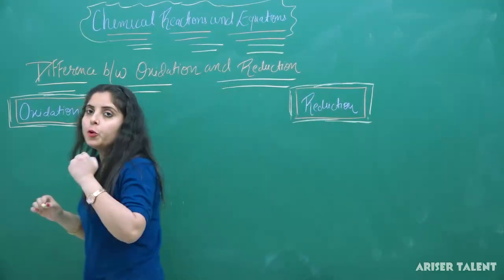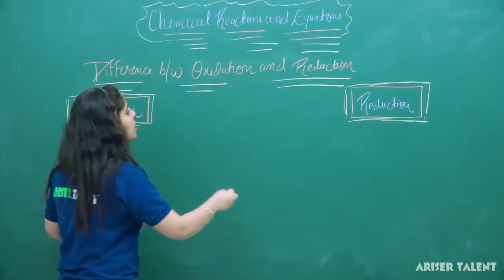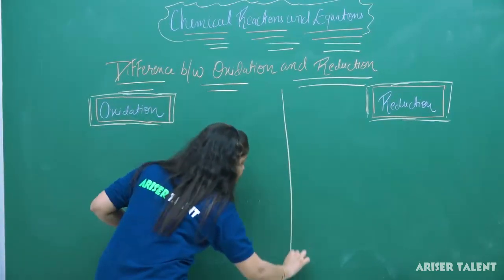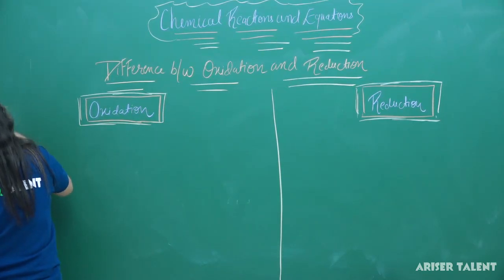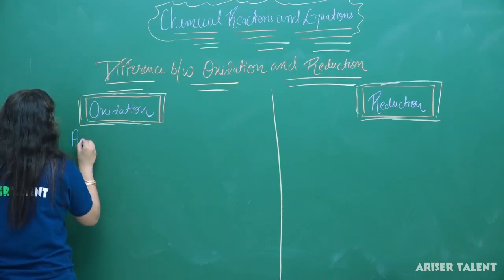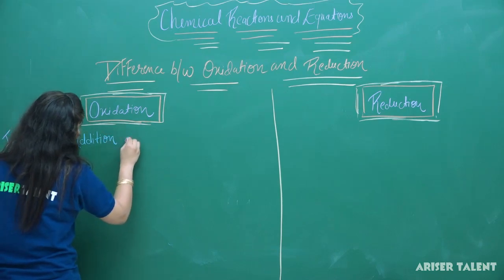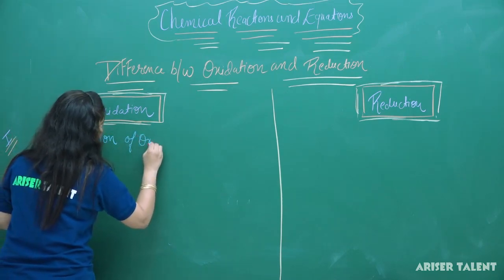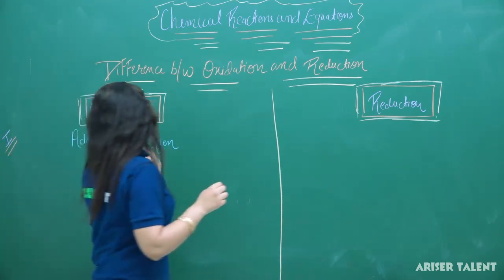So we want to draw a difference table to distinguish between what is oxidation and what is reduction. So we will consider the basic points here. Our first point is, in oxidation there is an addition of oxygen.